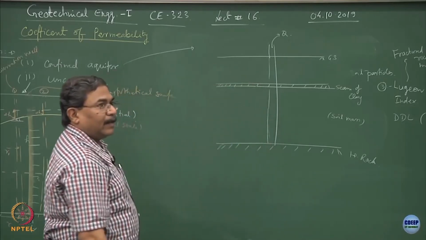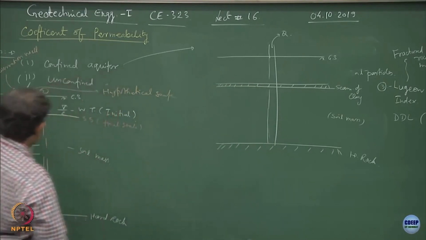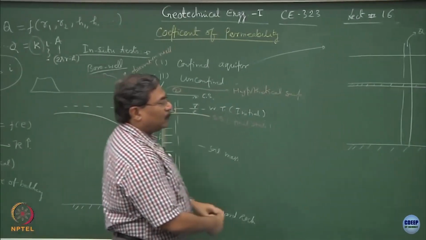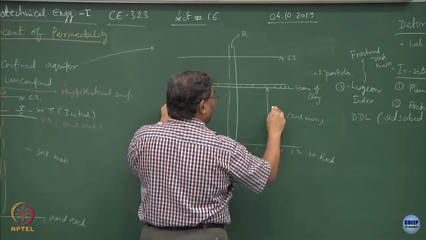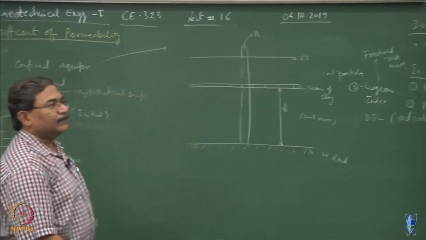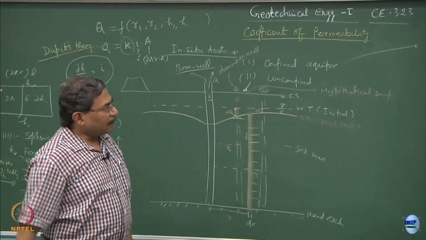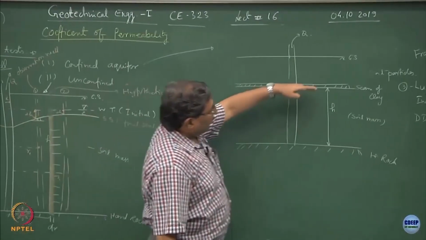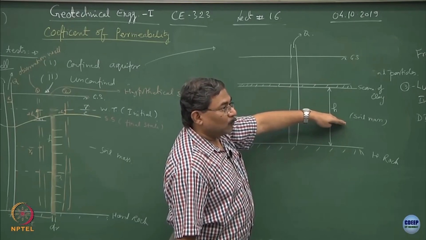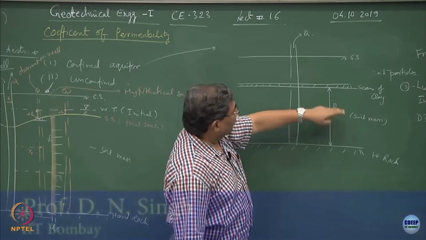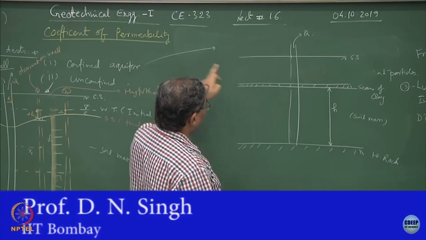So, what is going to happen? This surface is always going to be bound by this. Is this okay? So, that means when you have put a constraint on the porous media through which the discharge is going to take place, this becomes a confined aquifer case.